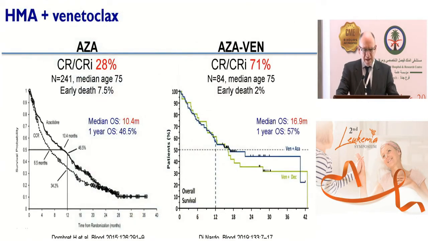But importantly, when you combine venetoclax with azacitidine, you get much higher CR rates, and in these retrospective studies, it appears you get better survival. The randomized study, VIALE-A, of venetoclax versus venetoclax plus Aza will be reported next year.